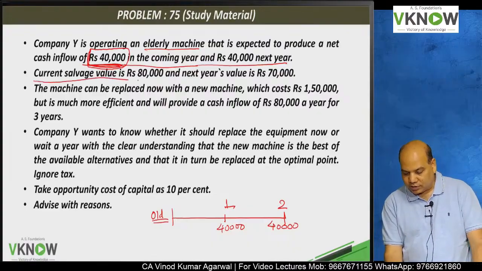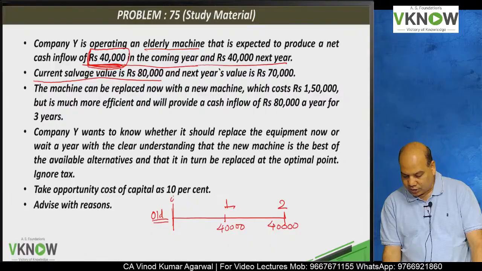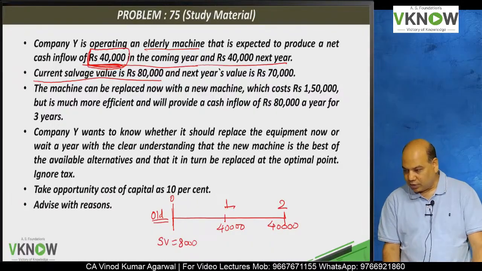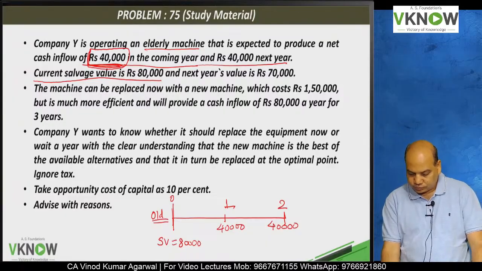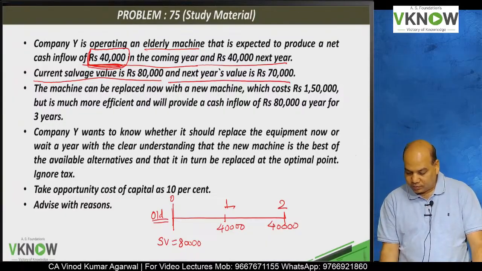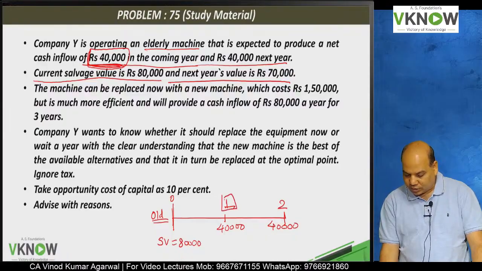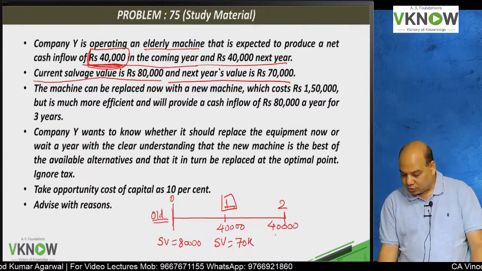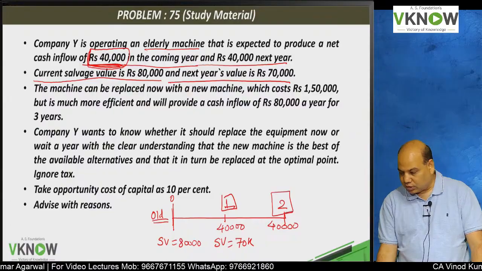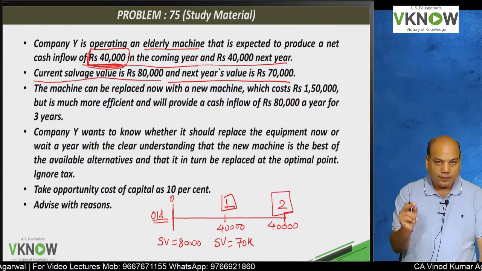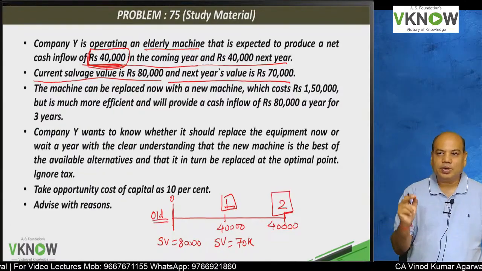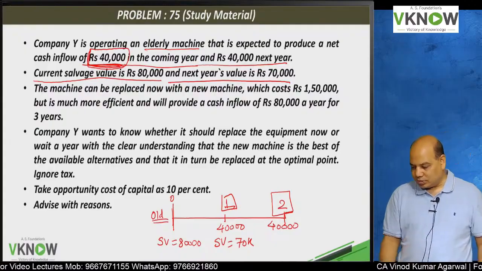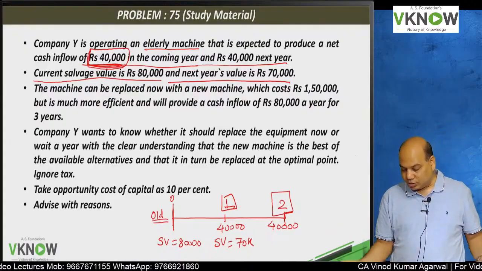The current salvage value is 80,000 if you sell it in year 0, and if you scrap it next year, at the end of year 1, the scrap value is 70,000. The question has not given the scrap value if we scrap it after 2 years. So either there is a mistake in the question or I don't know.